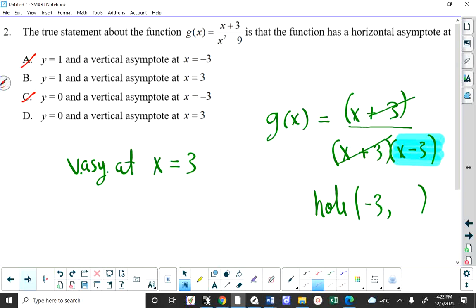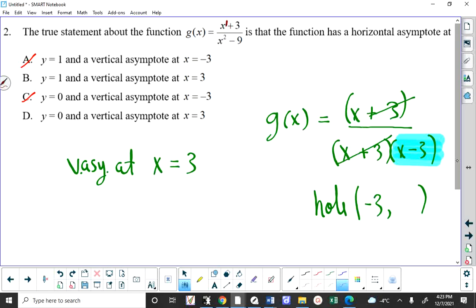Now, what about the horizontal asymptote? The horizontal asymptote is found by looking at the degree of the numerator and the degree of the denominator. The degree of the numerator in this rational function is 1 because the numerator is a linear function, and the degree of the denominator is 2 because it's quadratic.